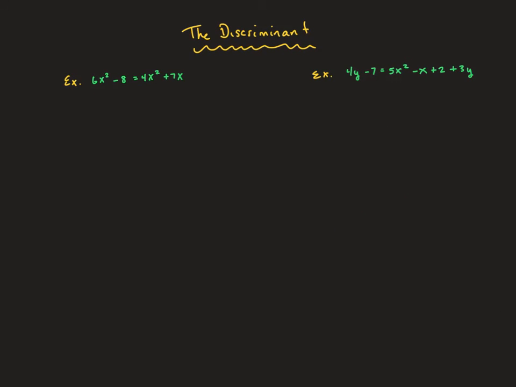Or using the discriminant. The discriminant, when we look at the quadratic formula, is going to be this portion right here, b squared minus 4ac, because that is going to determine the number of solutions that we have, and types of solutions.